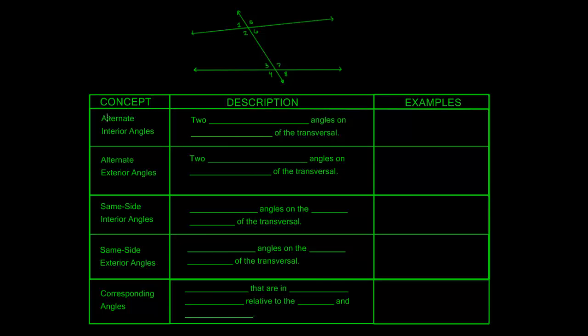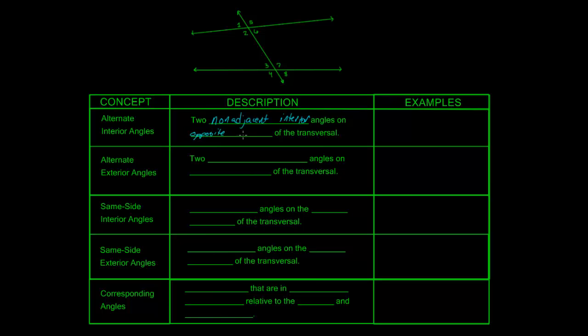So here's our concept, our angle pairs, our alternate interior angles. Let's look at the definition of alternate interior angles. They are 2 non-adjacent interior angles on the opposite sides of the transversal.